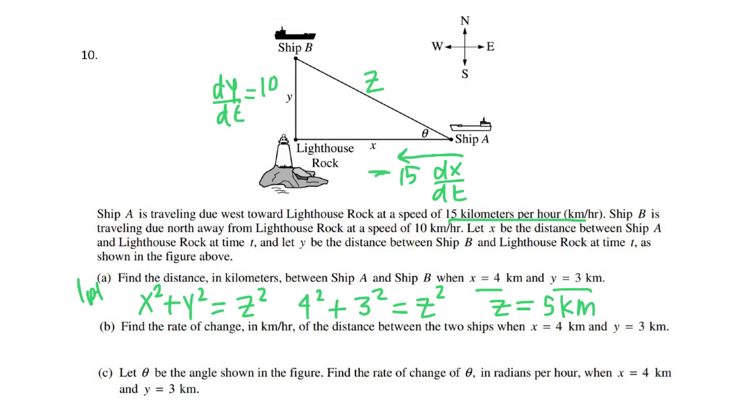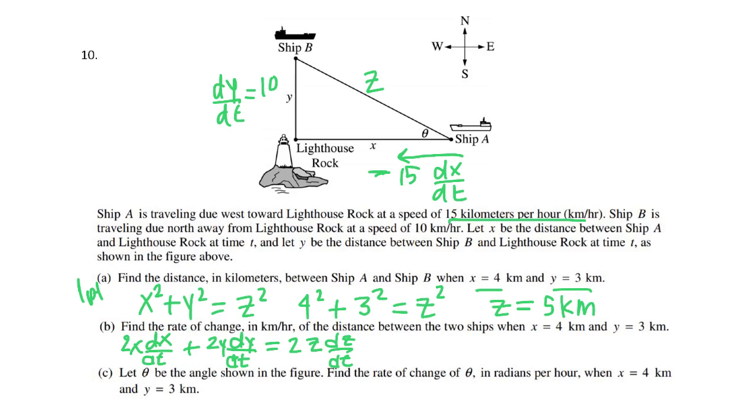So we have 2x dx/dt plus 2y dy/dt equals 2z dz/dt. In this case, remember dz/dt is not going to go to 0. That's how the distance is changing between ship A and ship B, so we need to be careful with that.